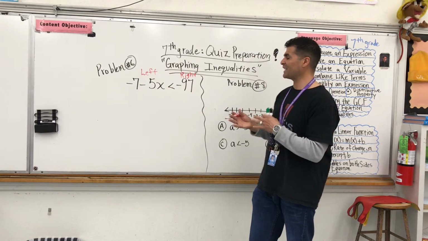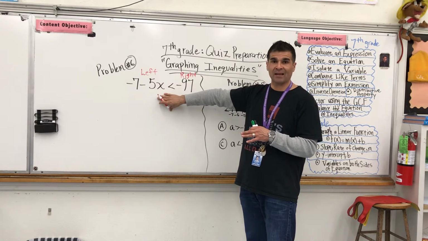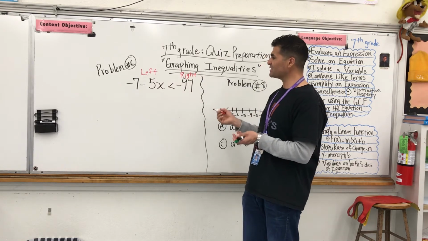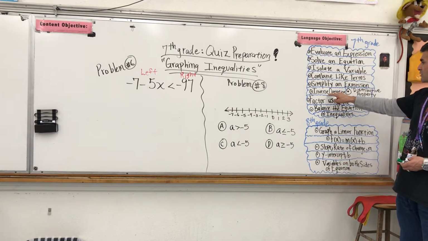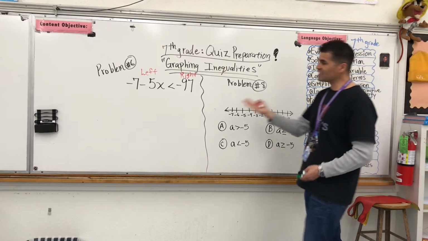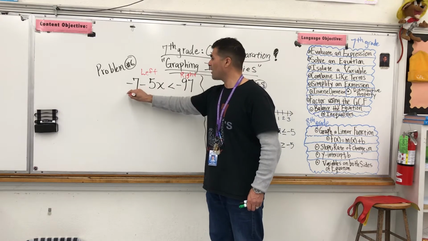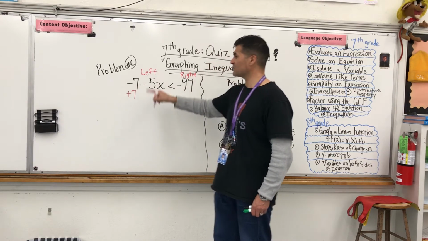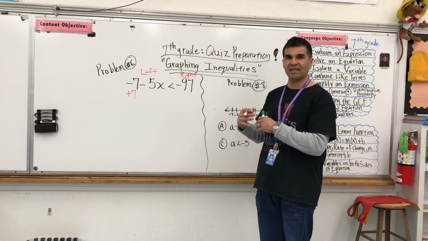Well, I need to isolate this variable x so I can figure out what numbers x can be. To isolate the variable, I'm going to use inverse operations. Now this isn't an equation, but we can still isolate the variable the same way. We'll add 7, because that's the opposite of a -7.